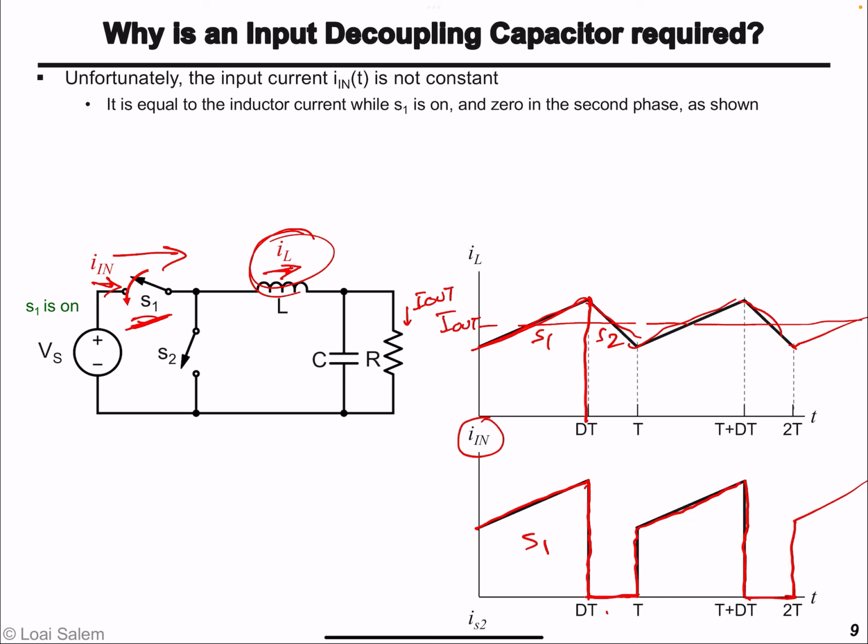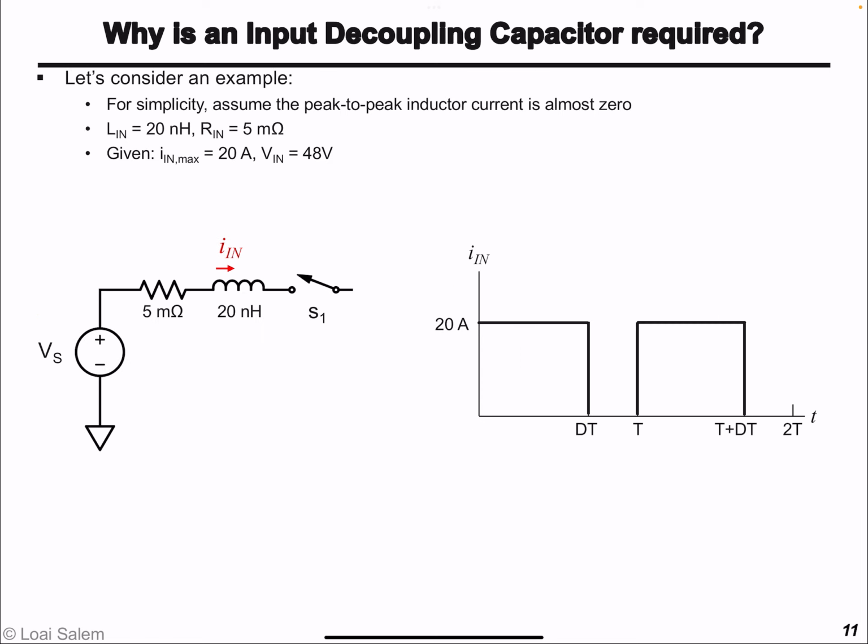Now, to study the effect of the parasitic inductance at the input trace from the input power supply or benchtop power supplies that we are using to test our buck converter, let's assume the inductance is very large, so that the peak-to-peak ripple of the inductor current is zero.